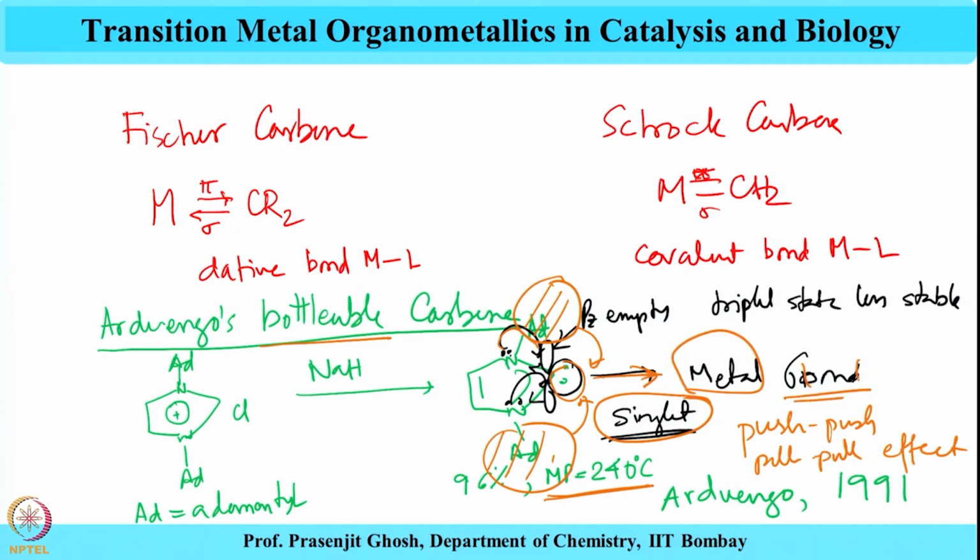So, this is how another extremely good ligand for catalysis, the singlet N-heterocyclic carbene, came into being, and this is a development which had happened in industry, particularly at DuPont.